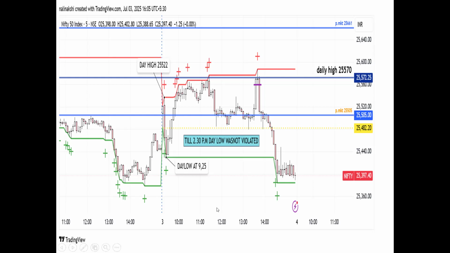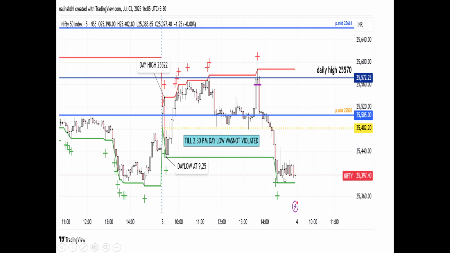After 2 p.m., you can see a wide range red bar, from around 570 within a single candle it comes to 520, a 50-point range candle that made the market crumble, and finally it started coming down and broke below the daily low.